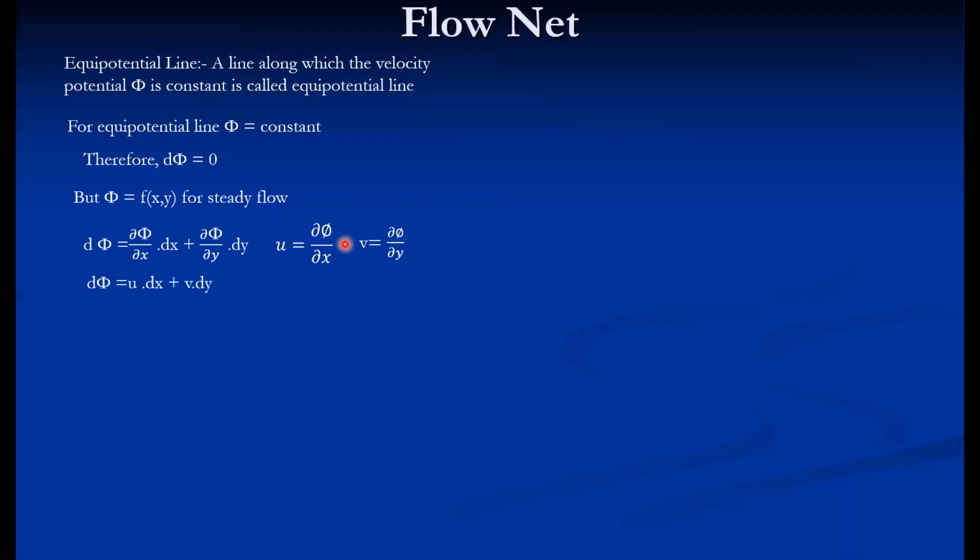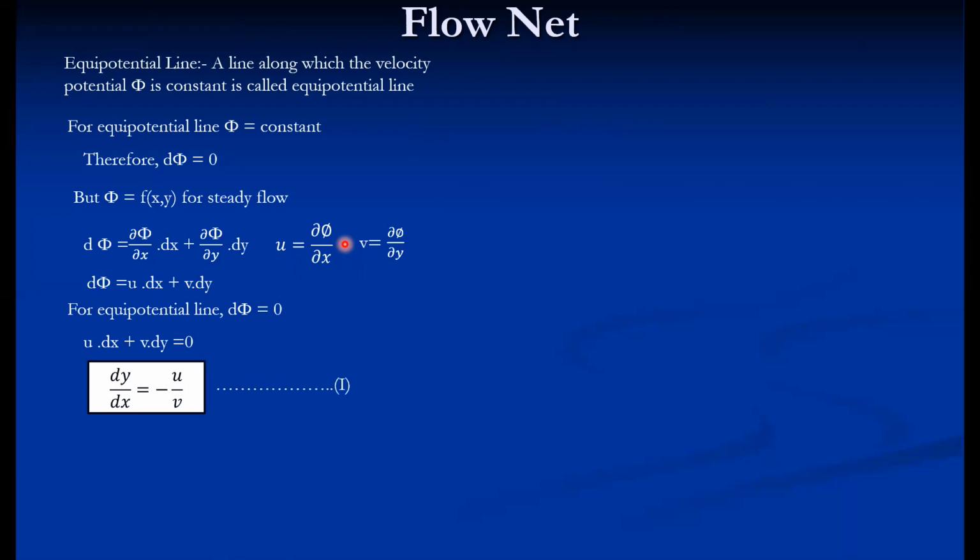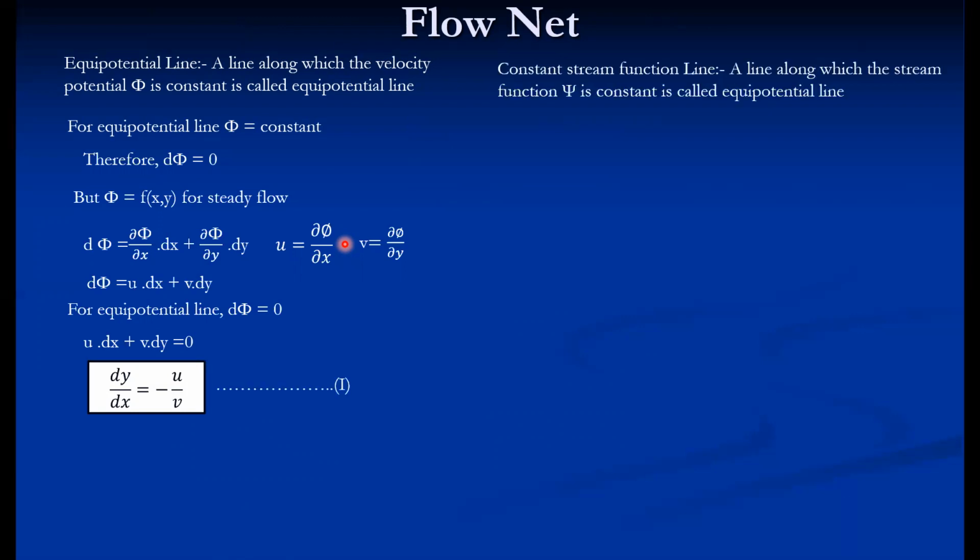So the expression is d phi equal to u dx plus v dy. For an equipotential line, d phi is equal to 0. So equating this to 0, we get the slope for the equipotential line, that is dy by dx equal to minus u by v. We call this equation number 1.